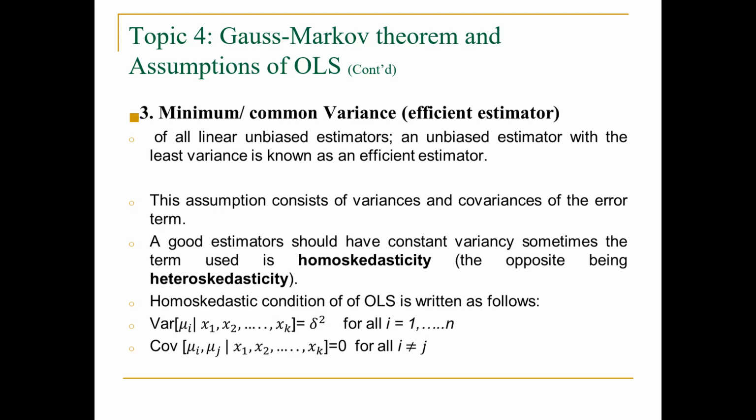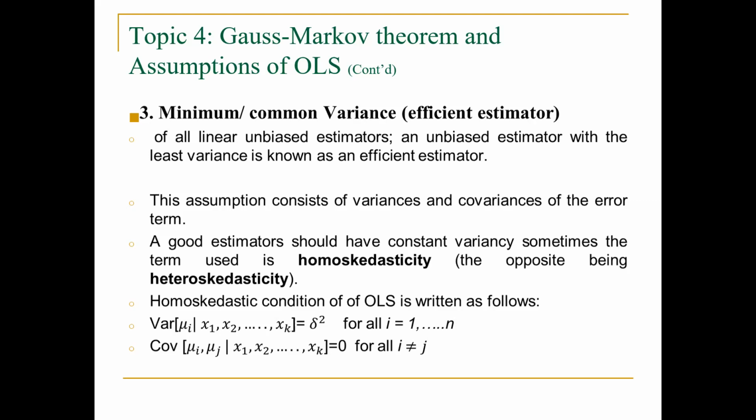That is what constant variance means: the variance of mu given x equals sigma squared. That is constant variance, which we also call homoscedasticity. But covariance means that in our bean model and our banana model, the covariance of mu i and mu j, given the independent variables x1 up to xk, equals 0.